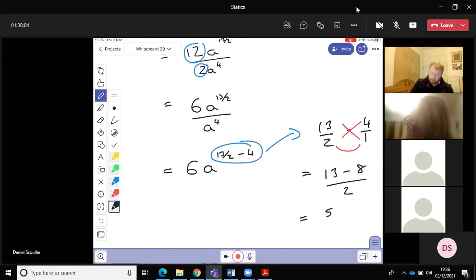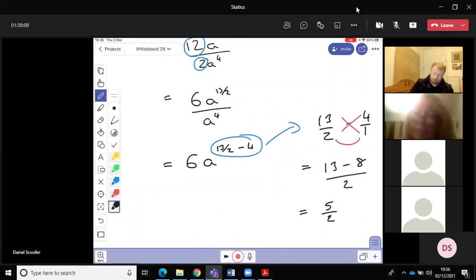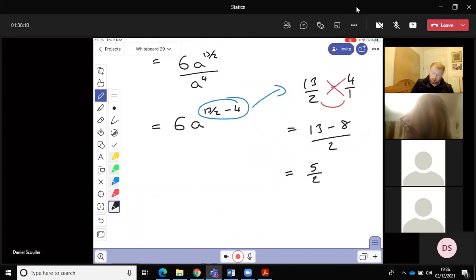So that's 5 over 2. Okay, is that correct? Yeah. So we bring that back in, and then we just tidy this. Oh, sorry, got to put the a. And just tidy that up.